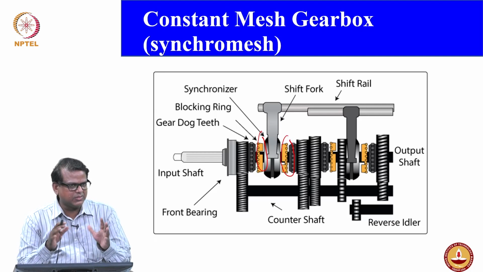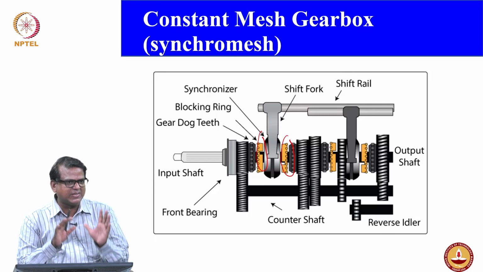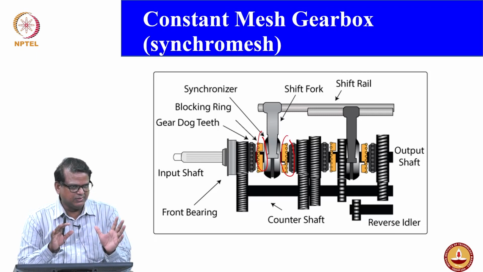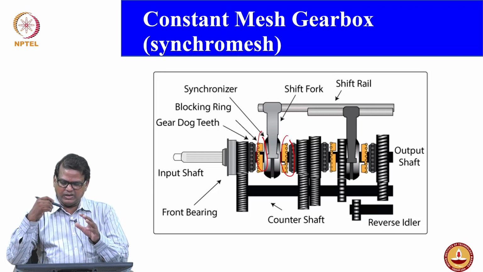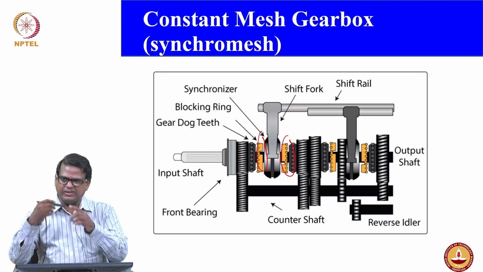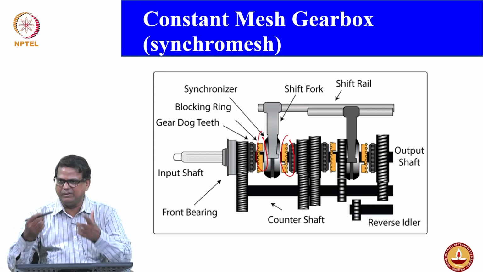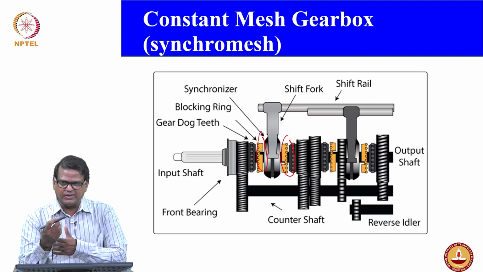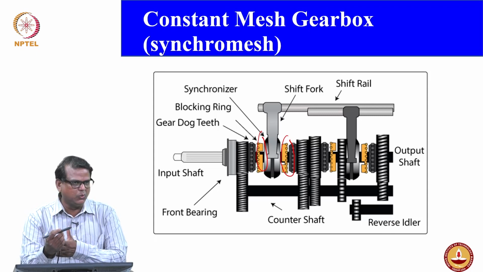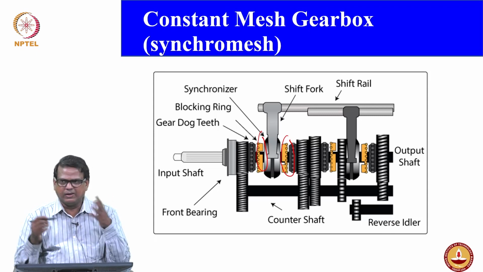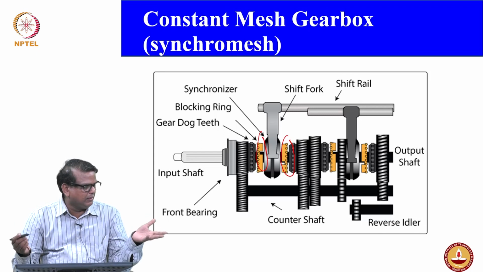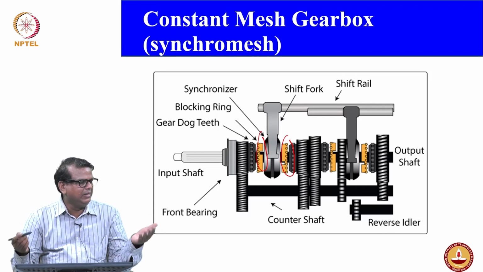The synchro mesh working principle is also the same as the constant mesh, because the gears have bearings, and on top of the bearings the gears rotate very freely. Whichever gear is engaged, only that gear will have a load or power transmission. The remaining gears rotate freely.